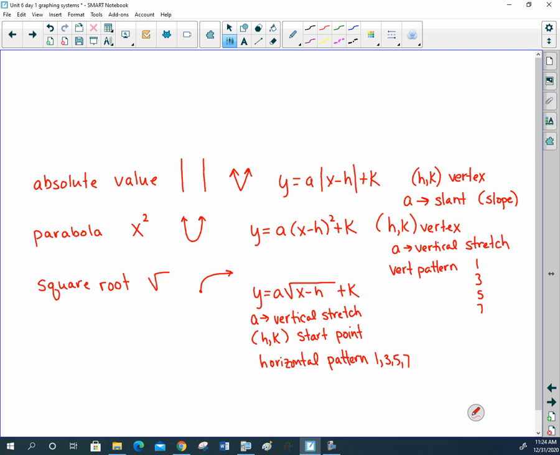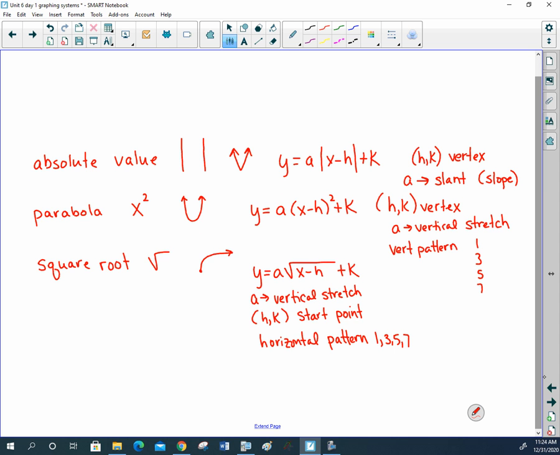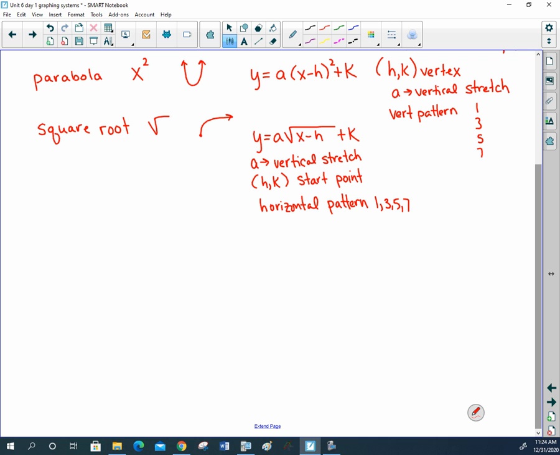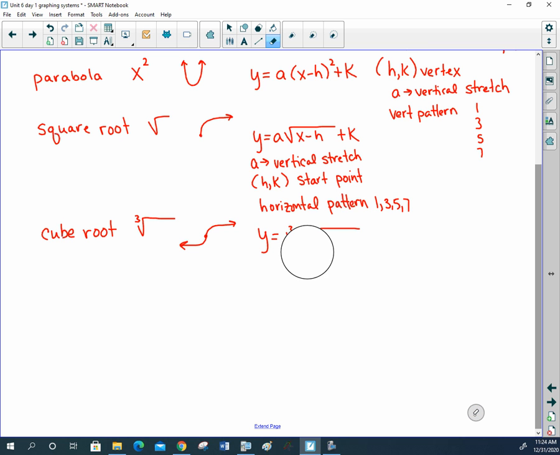Okay, and then we learned the cubed root. How we knew it was a cubed root is because we saw the cubed root symbol, and that shape was the sideways S, and its formula looked like this. Oops, forgot the A out in front. Cubed root of x minus h, plus k. A, once again, is your vertical stretch.